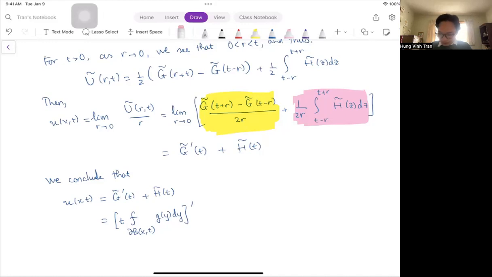Maybe better to write differentiating in t. And plus h tilde of t is nothing but, by definition, just t times the average of the integral on the sphere of h of y dS_y. There's a typo here.